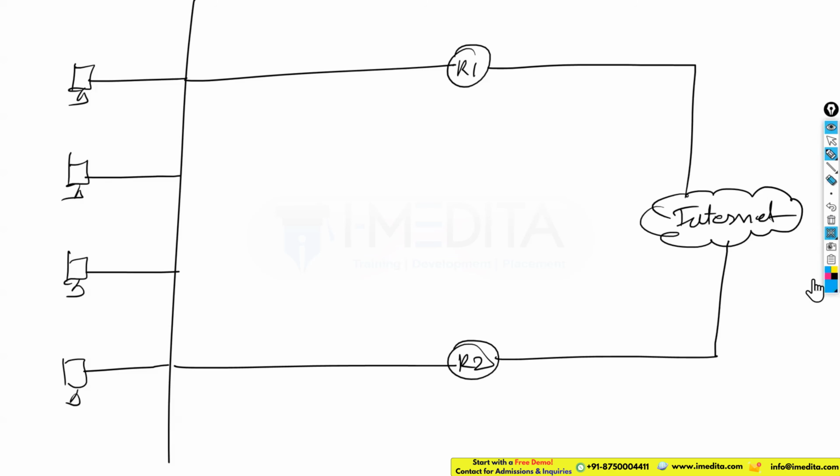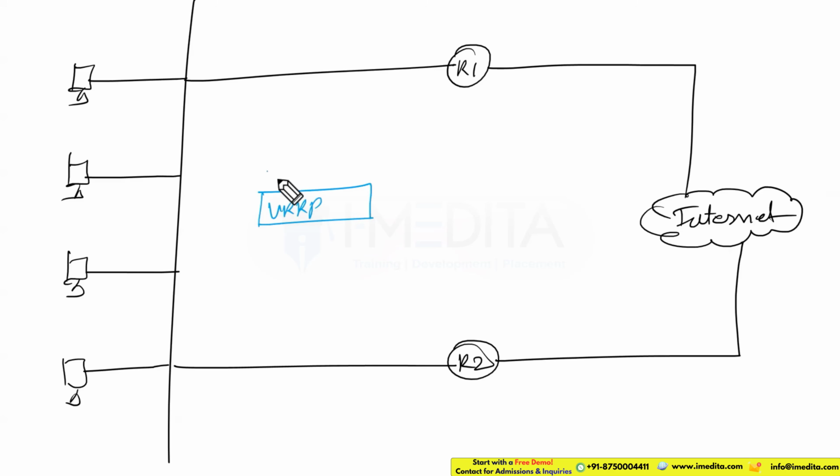Now, on these routers, we have already configured VRRP. In VRRP, we configure a virtual IP like 192.168.101.1.